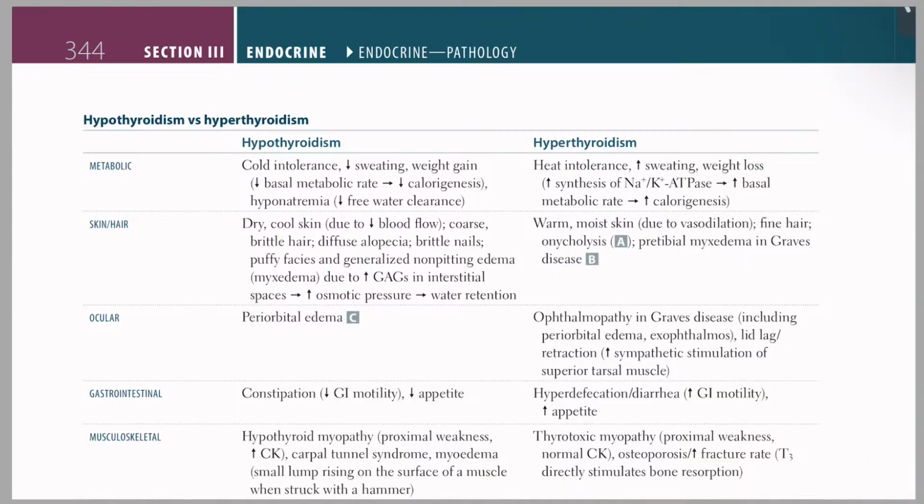Metabolic. In hypothyroidism: cold intolerance, decreased sweating, weight gain, decreased metabolic rate leading to decreased calorigenesis, hyponatremia, decreased water clearance.